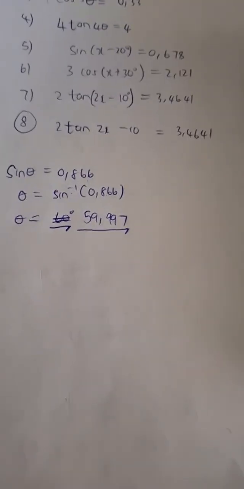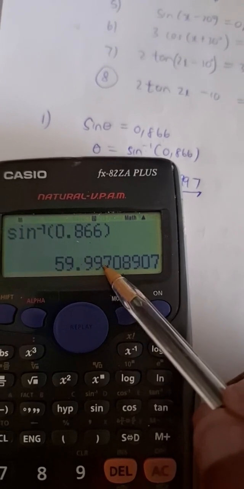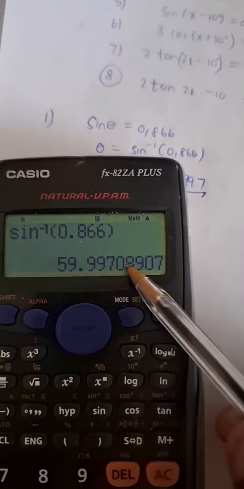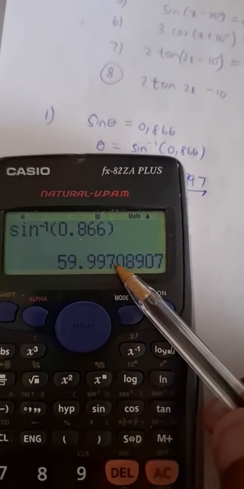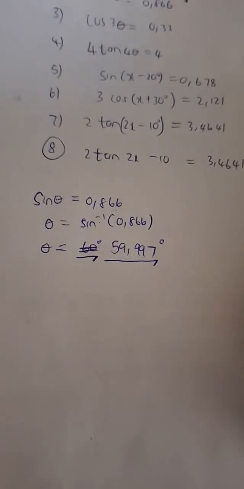It's not 59.996, Lerato, according to Mr. Calculator. Remember, 1, 2, 3, we cut off at the third. What does the 0 say to the 7? We stay the same. So therefore the answer is 59.997 degrees.